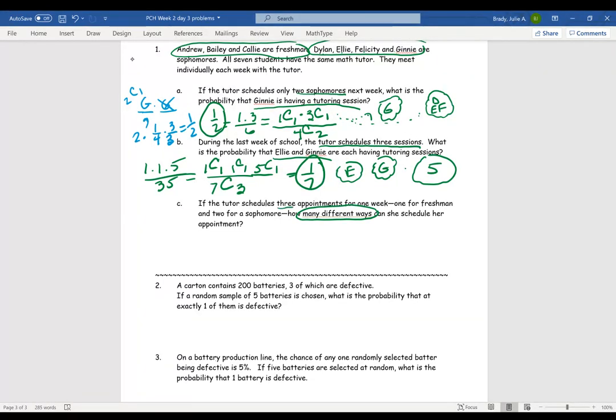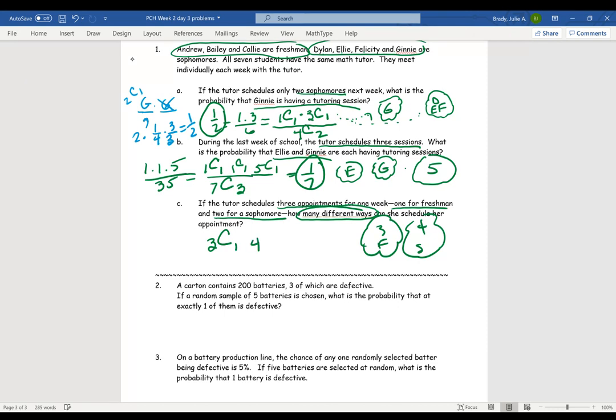So I'm going to schedule 3 appointments for 1 week, but there's a restriction. I want 1 for freshmen and 2 for sophomores. So we can split them. Okay, you put the 3 freshmen in one group. You put the 4 sophomores in the other group. And then you just walk and grab them. So out of the freshman group, I want to choose out 1.